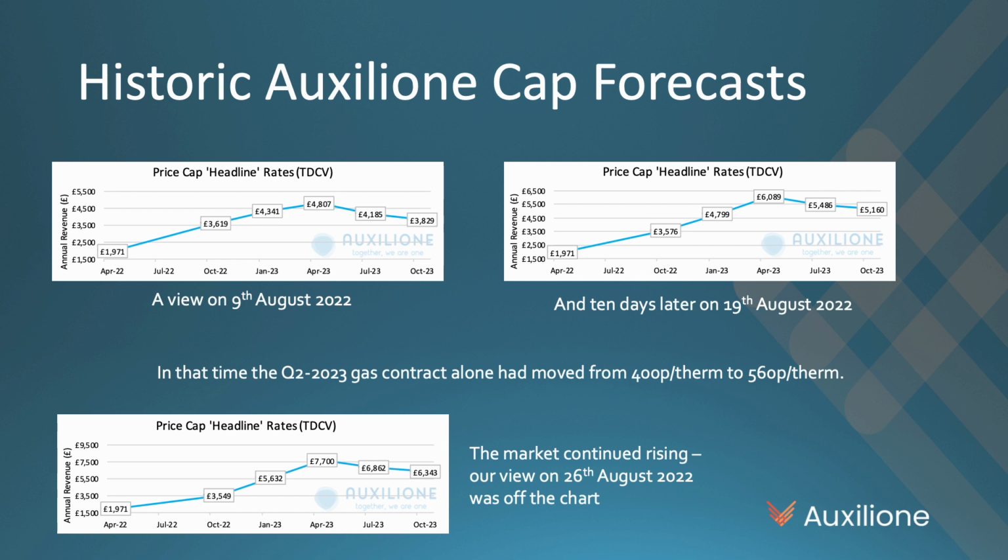So with that being realised and accepted, the price cap forecasts quickly became believable. The fact that in just the 10 days between these two forecasts at the top of this screen, the Q2 23 gas contract had moved by 40% from £4 to £5.60 per therm, cementing the view that this outlook was an entirely real possibility. Incidentally, that contract kept rising to the end of August, hitting £7.30 a therm.